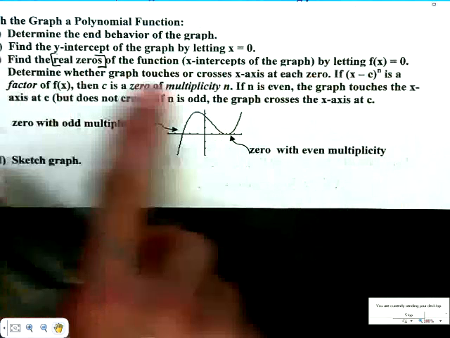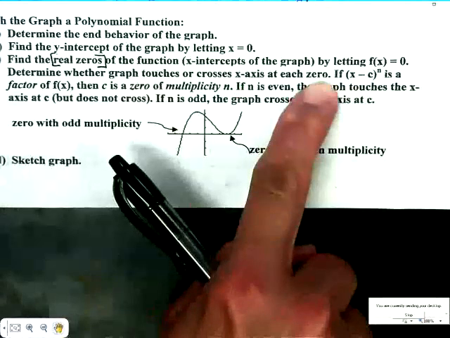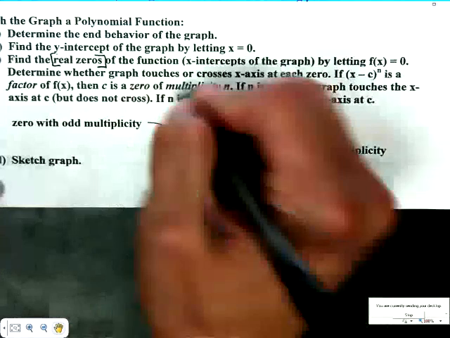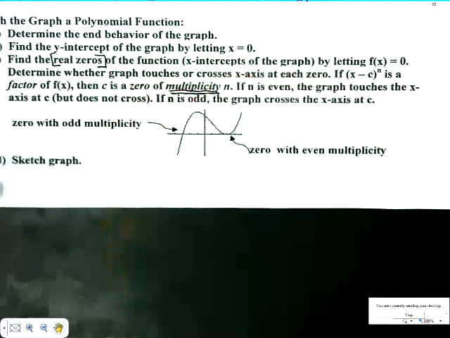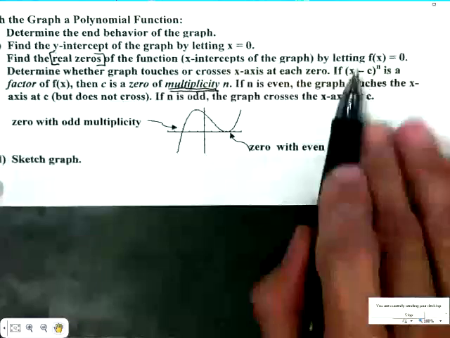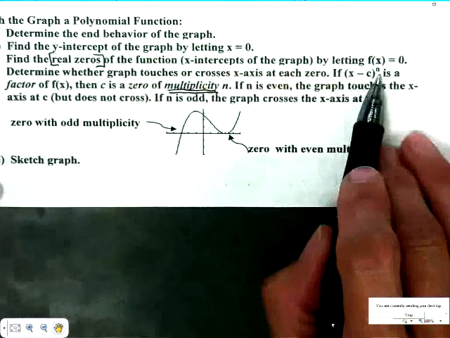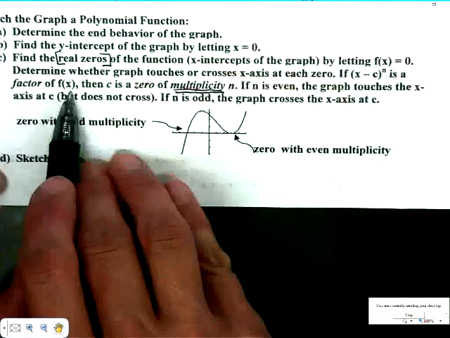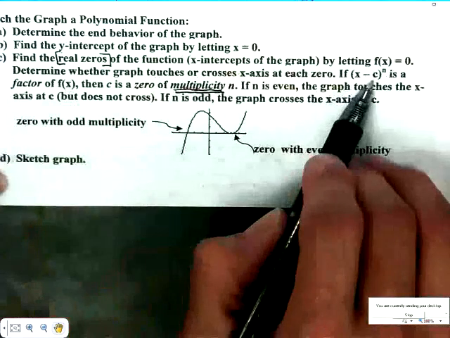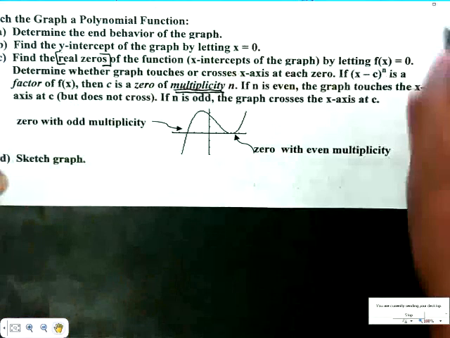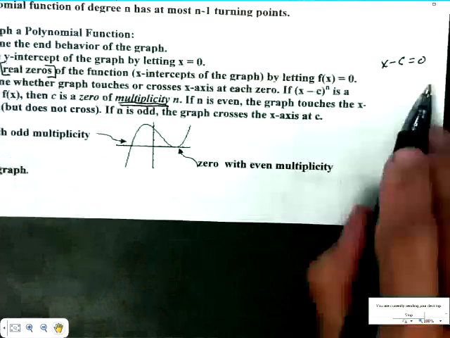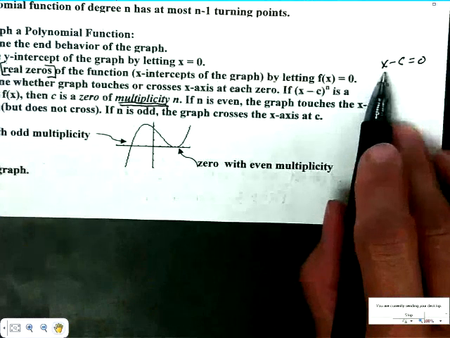Determine whether the graph touches or crosses the x-axis at each zero. We need to talk about another word here, multiplicity. If x minus c to the nth power is a factor of this function, and I set x minus c equal to 0 and solve for x, what would x equal? c.